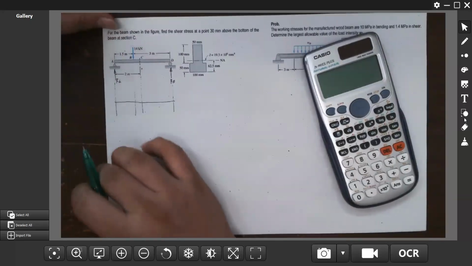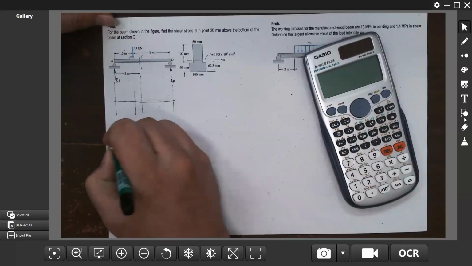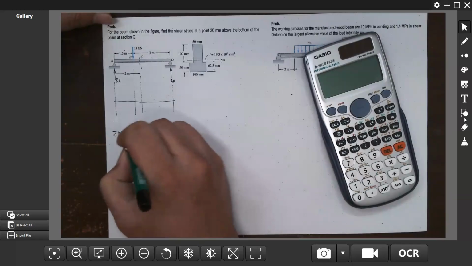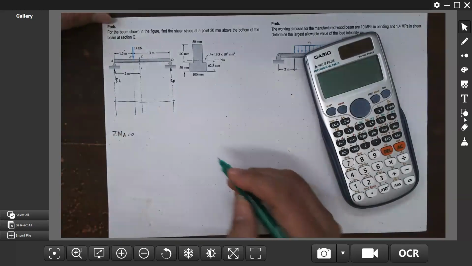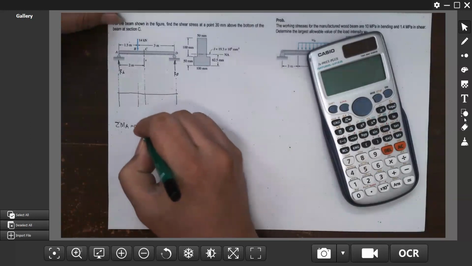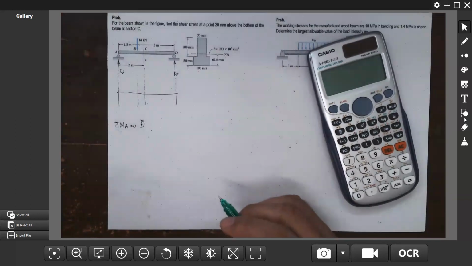Let's sum up moment. Summation of moment at A equal to 0, counterclockwise positive.